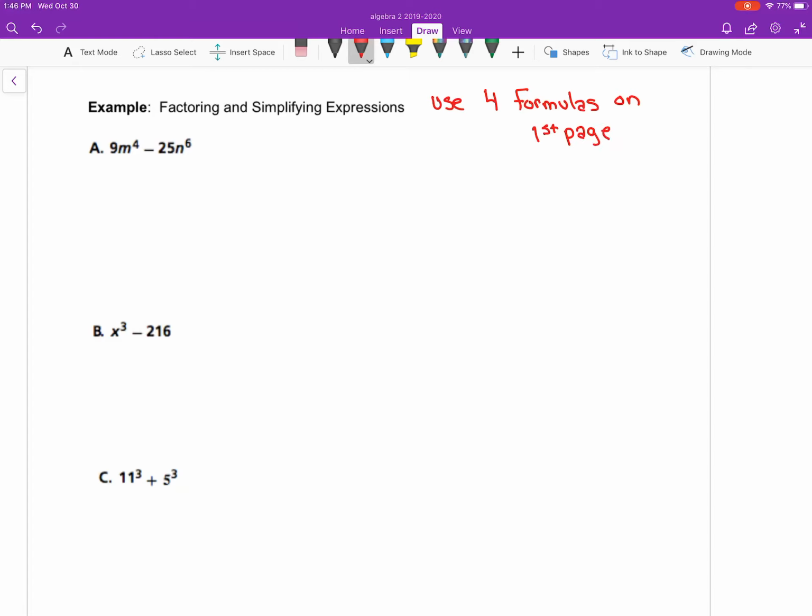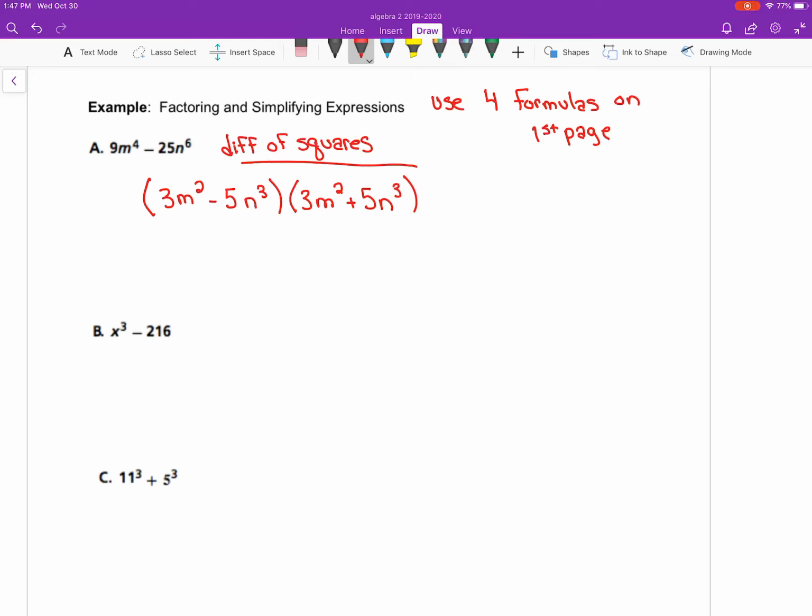All right, so recognizing that this is a difference of squares and knowing I can just square root the first term and I get 3m squared, and square root the second term and I get 5n cubed, and then rewrite the same thing with a plus sign. And that should do it. So that is your final answer, 3m squared minus 5n cubed and 3m squared plus 5n cubed. So you have a minus and a plus.